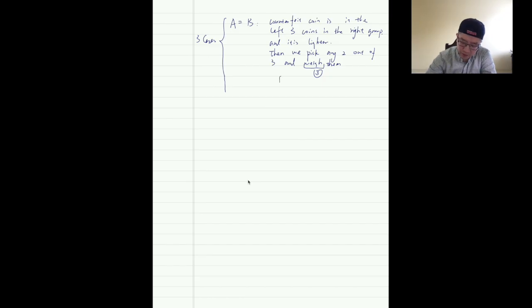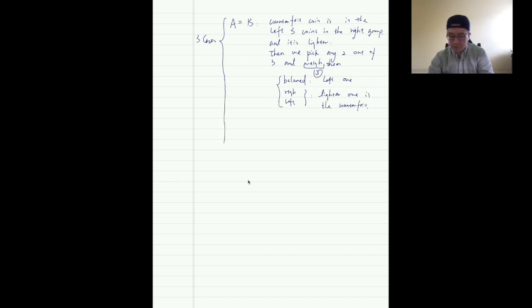Again we have 3 cases. If they're balanced, then we know the remaining one is the counterfeit. And if one side is lighter, no matter which, the lighter one is the counterfeit, and then we're done. Great. So this is the case when A and B are equal.